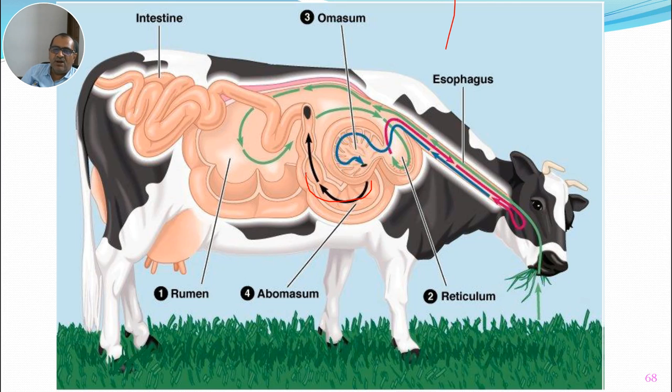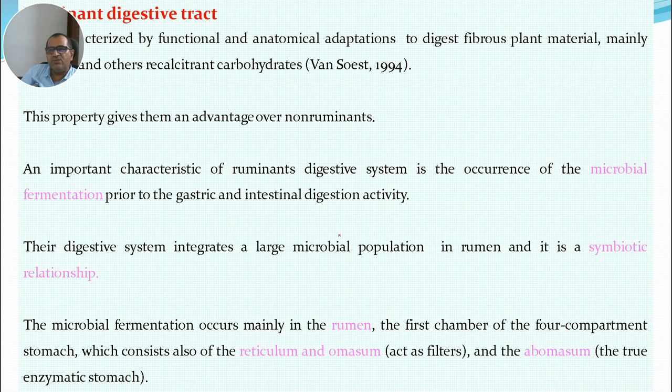Then once again, it is regurgitated back, then masticated, then re-swallowed, then it enters the abomasum, then intestine, then the duodenum, intestine, etc. So, rumen is a very big fermentation vat.